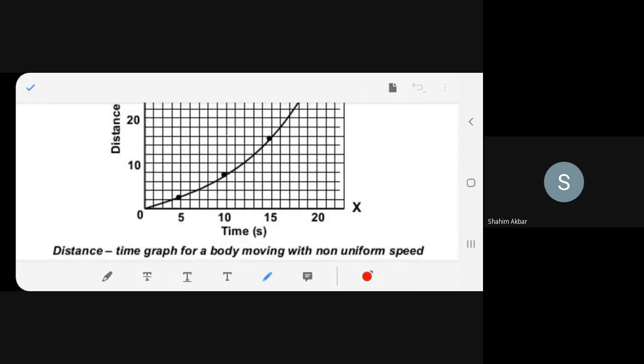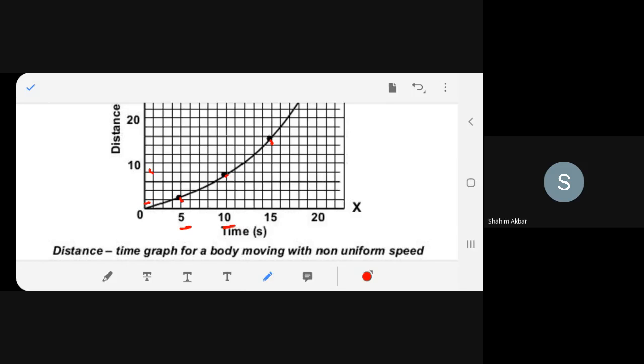This is how we do the plotting. 5, 10, you can see this? 15, you understand now? So at equal intervals of time, we are doing the plotting. But remember, in 5, we have got 2, right? In 10, we have got 8. Hope you understand that. So it is uneven.